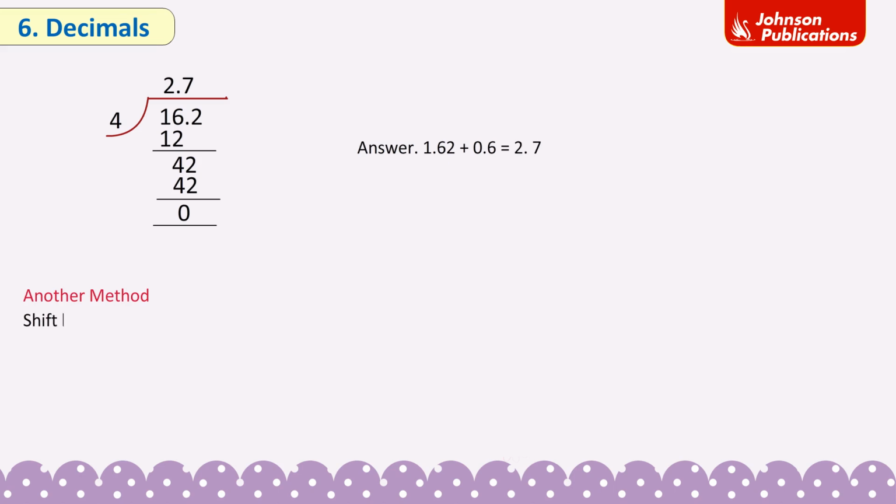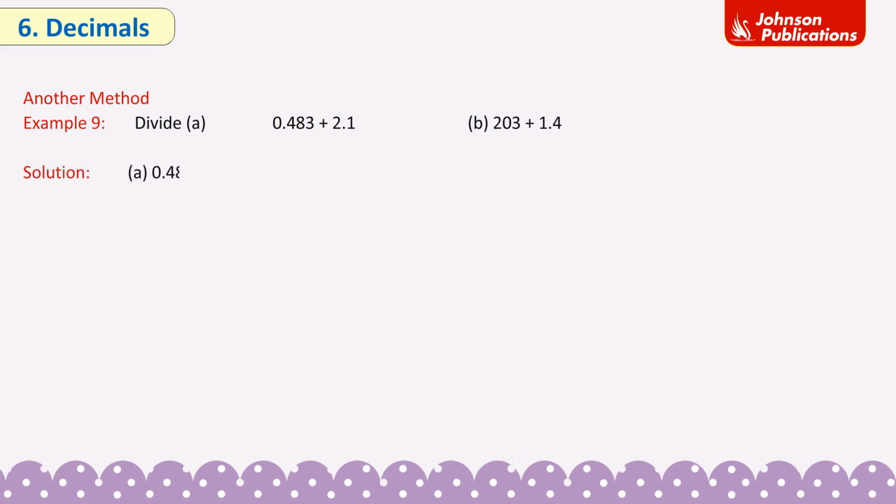Another method. Shift both decimal points to the same number of places till the divisor becomes a whole number. Example 9. Divide A. 0.483 with 2.1. B. 203 with 1.4. Solution. A. 0.483 divided by 2.1.